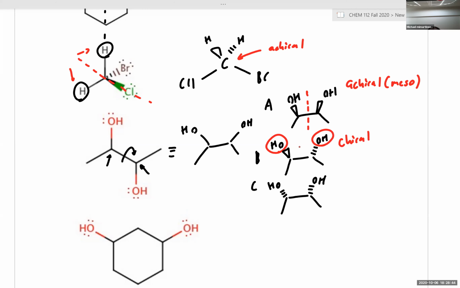And if this molecule truly was chiral, then we would not be able to superimpose the structure with its mirror image. So let's make the mirror image, and then let's see what we can see.